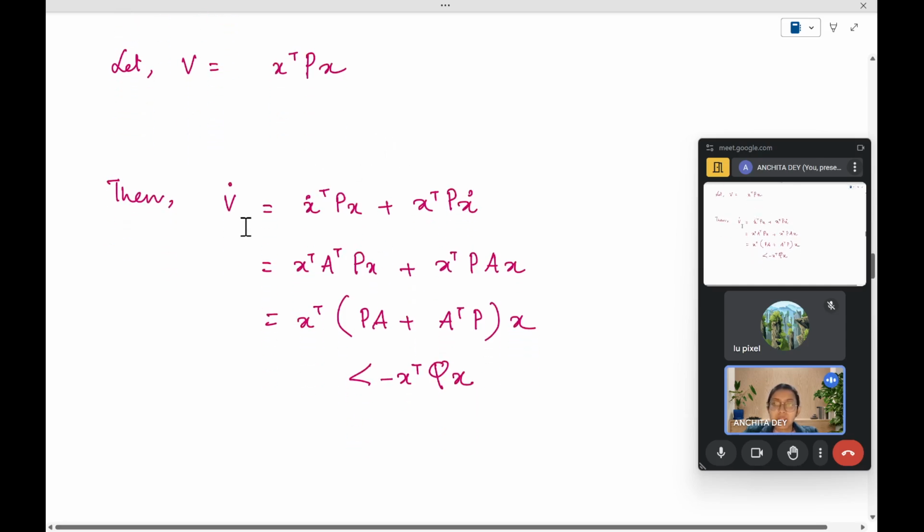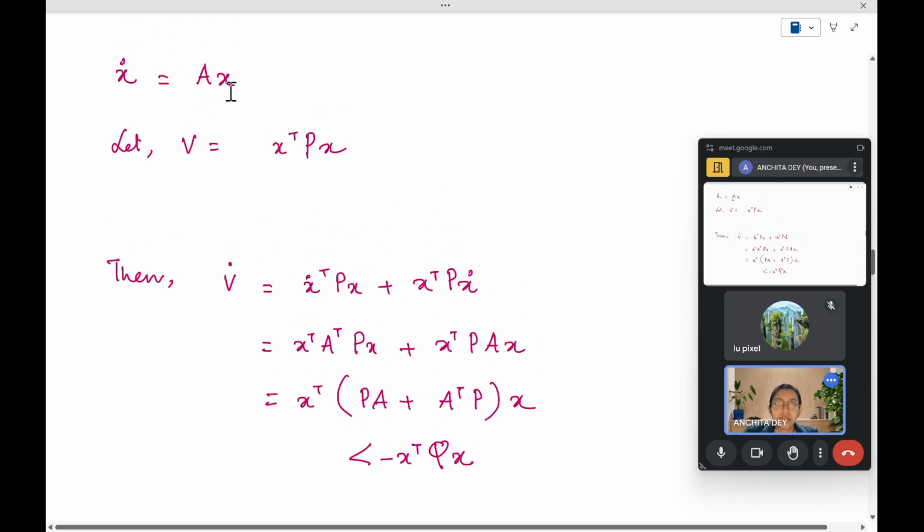Then our V dot is equal to x dot transpose Px plus x transpose P x dot. You just take the derivative of the first term, and then the derivative of the second one. Then you replace the expression of x dot, which was Ax, and you get x transpose A transpose Px plus x transpose PAx.